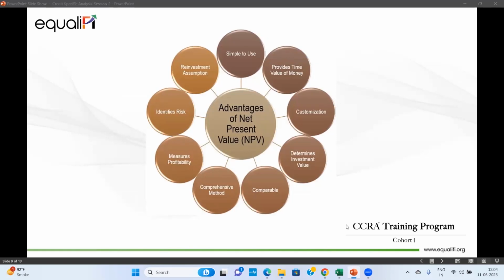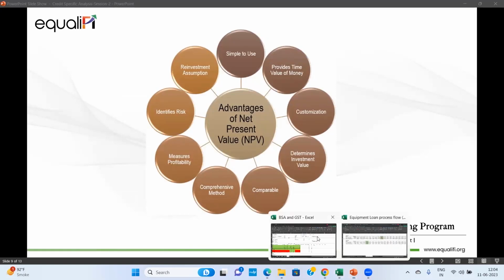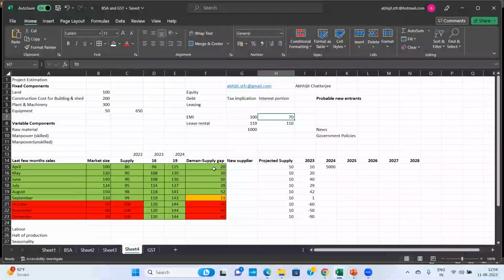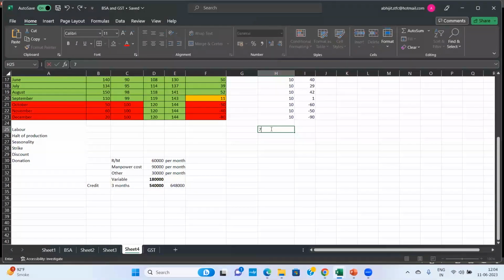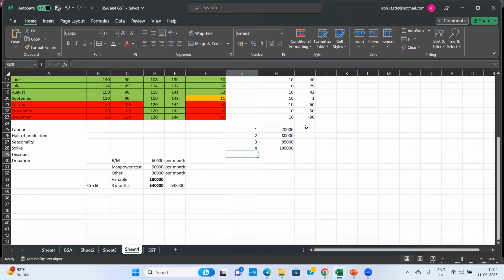Now there could be another assumption, where I have estimated that my cash flow would be say 70,000, 80,000, 95,000 and 1 lakh for the next 4 years. Year 1, 2, 3, 4.